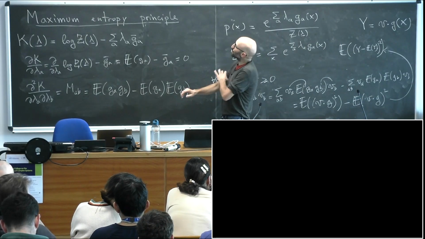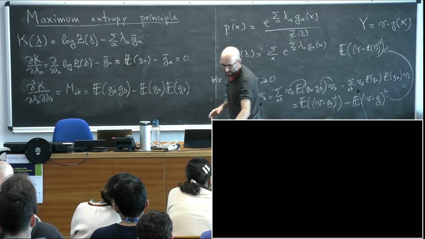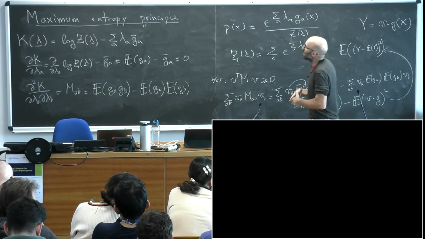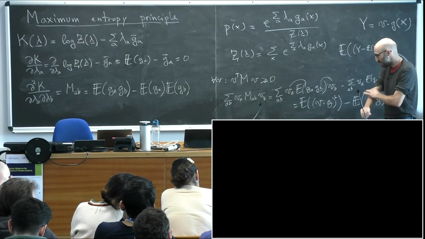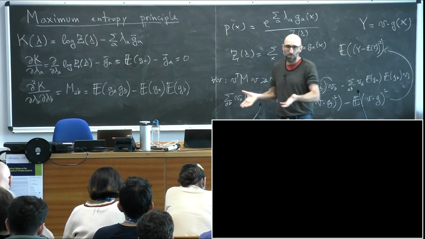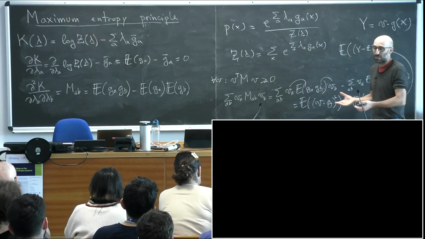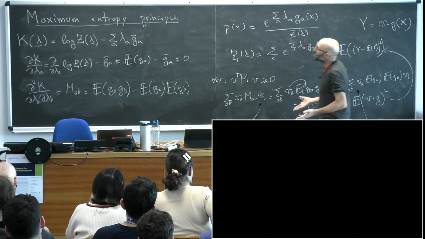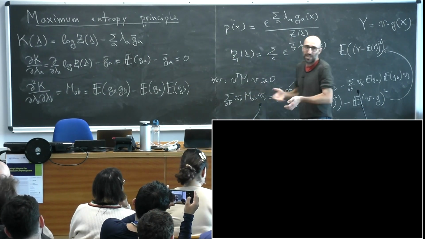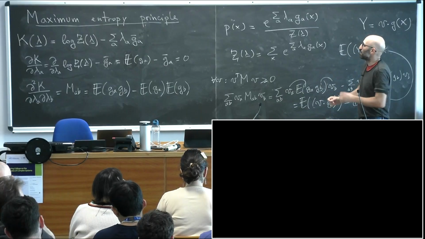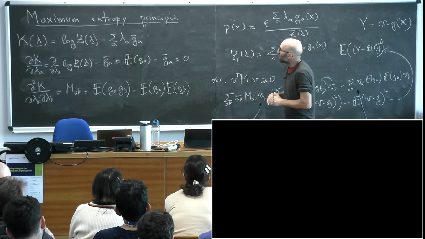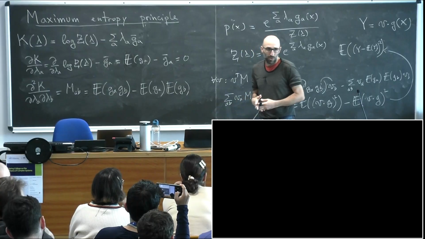Okay, so to recap what we have done up to this point, we have a random system. I don't know the probability of the states of my random system, but I know the averages of some quantities. For example, I know the average of x, or maybe the average of x squared, and so on, because maybe I can measure these quantities.